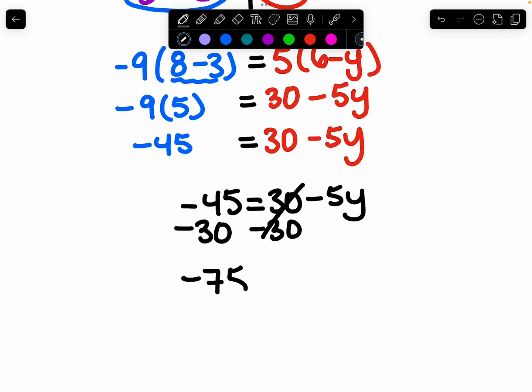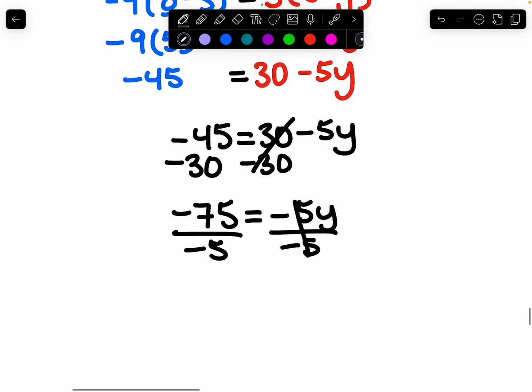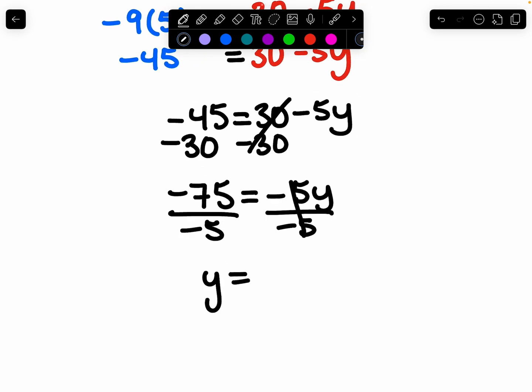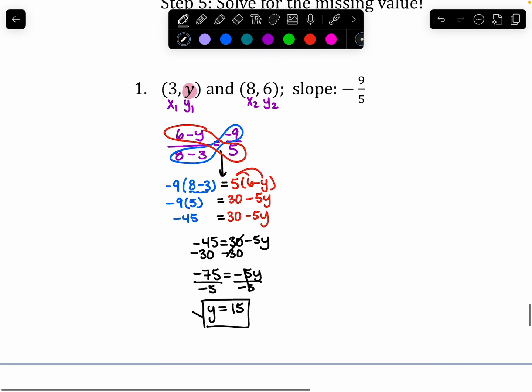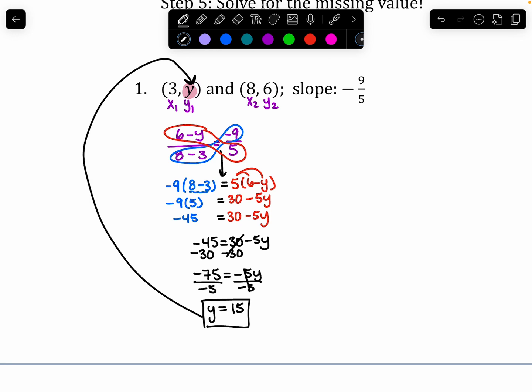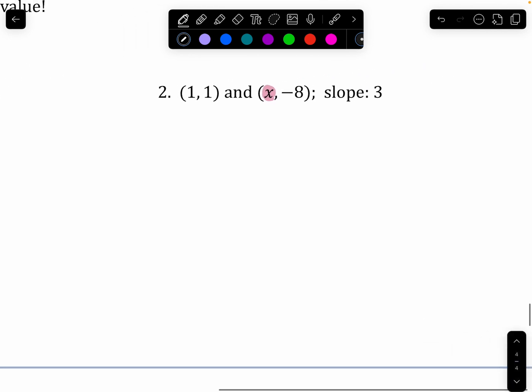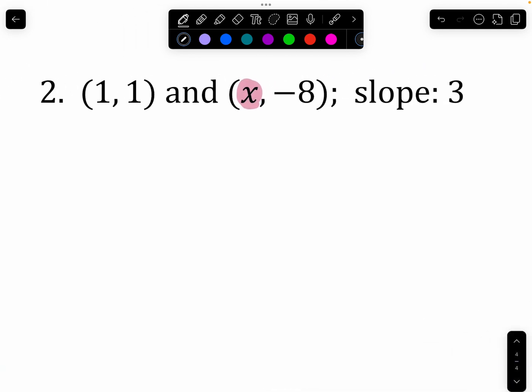I'm going to start by subtracting 30, and I get -75 equals -5y. Divide both sides by -5, and I get that y is equal to 75 divided by 5, which gets me 15. So that is the missing value that I need in order for those 2 coordinates, when I plug them into the slope formula, to get me my -9/5.